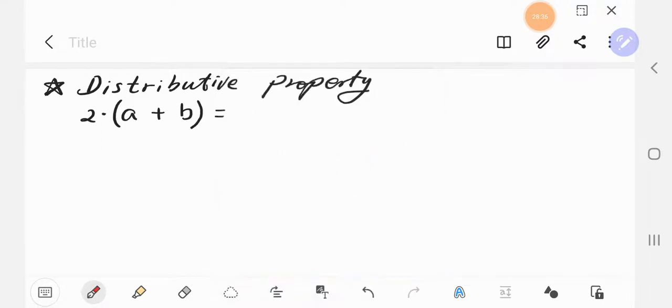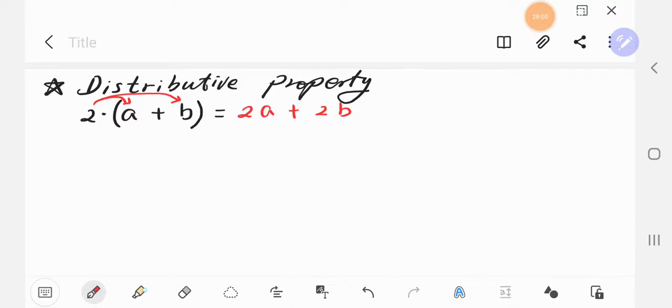So let me draw a little arrow. I'm going to multiply this a by 2, and also multiply b by 2. So you can write it like this: 2 times a, so 2a, plus 2b. This is the distributive property.